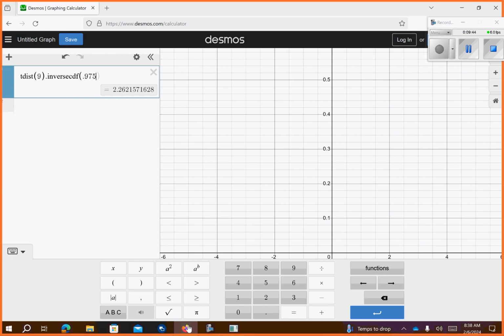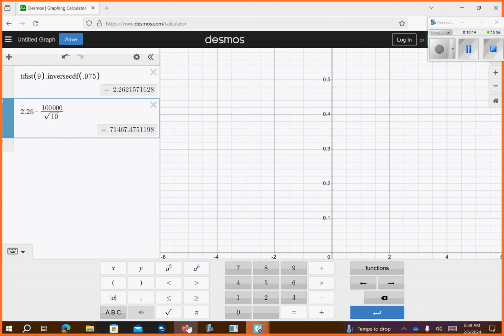So the 2.26 times our standard deviation, which is 100,000. I think I have too many zeros there. That's 100,000, divided by the square root of our sample size, 10.